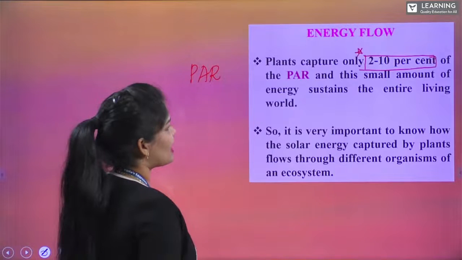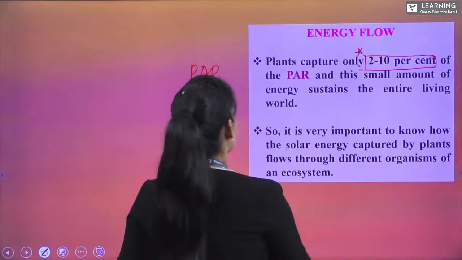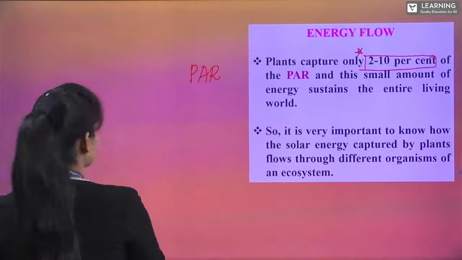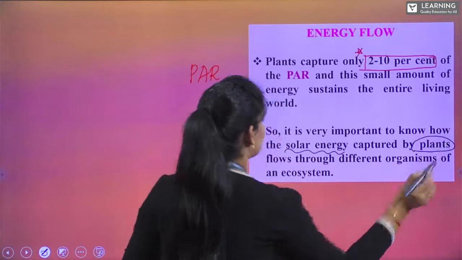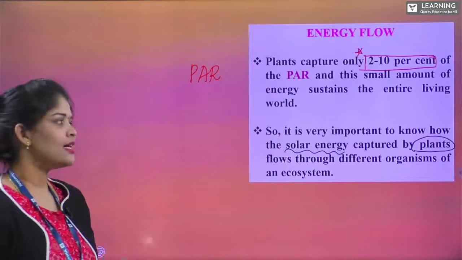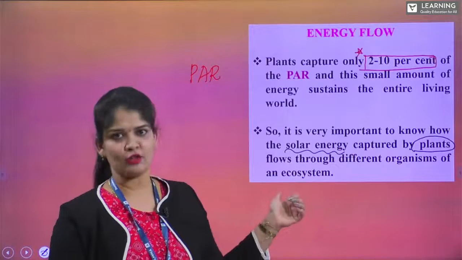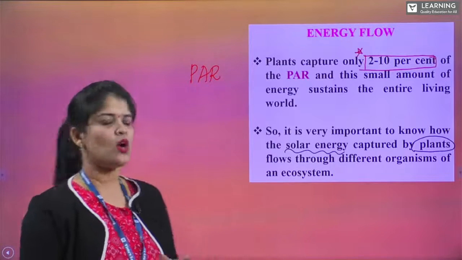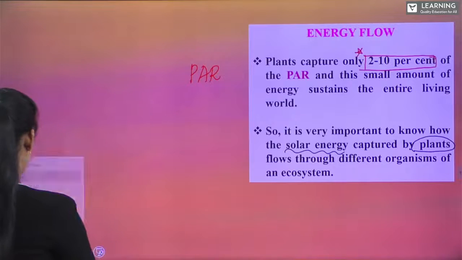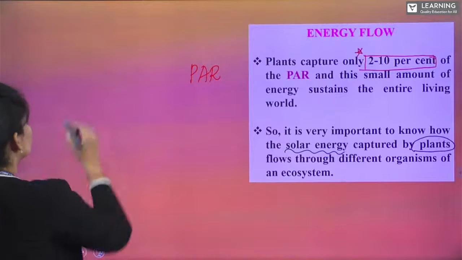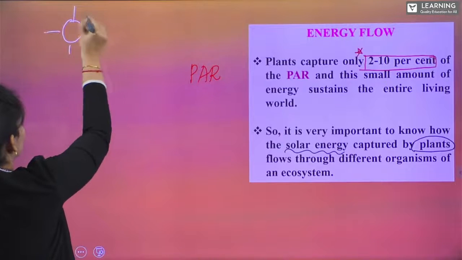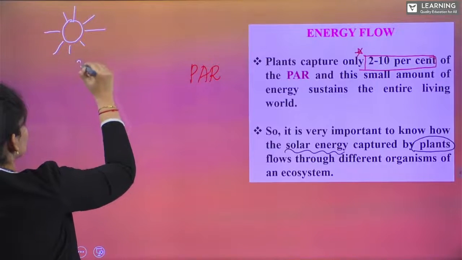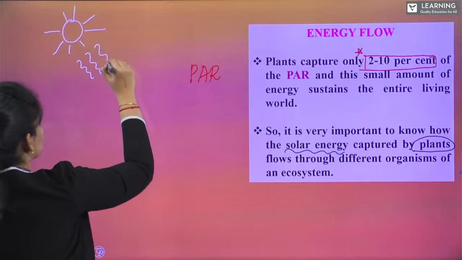Now, it is very important to know how the solar energy captured by plants flows through different organisms of an ecosystem. Once the photosynthesis happens, the sun is the ultimate source of energy. Right?